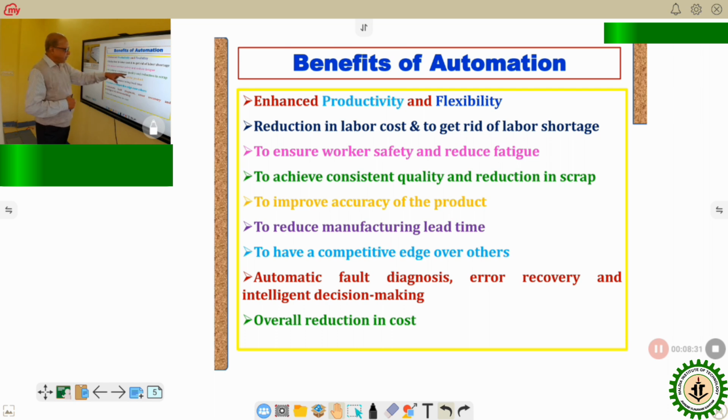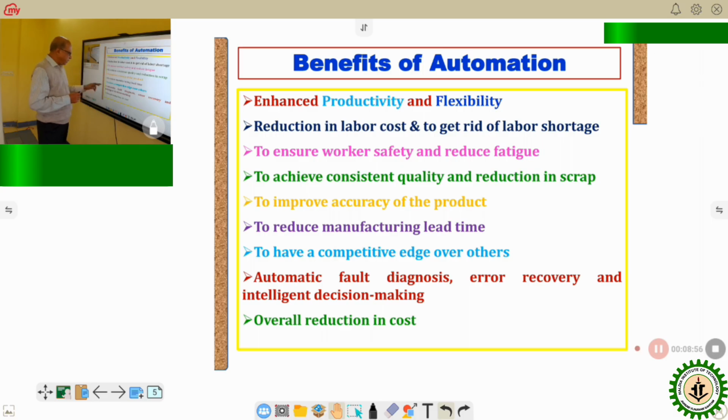To achieve consistent quality and reduction in scrap: since it does not depend on human skill, we can achieve very good, consistent quality. To improve the accuracy of products manufactured using these state-of-the-art automated technologies, we can assure very consistent and accurate quality.